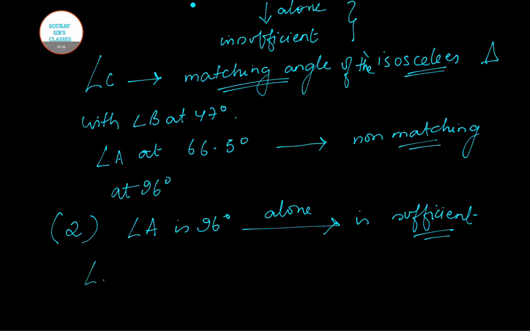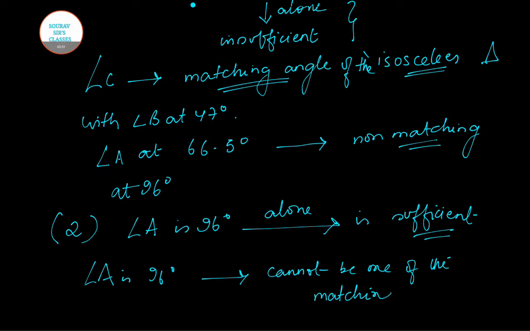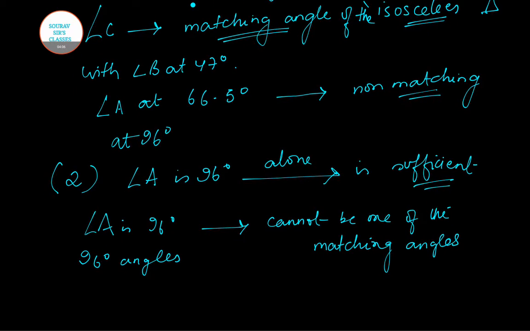Because if angle A is 96 degrees, then it cannot be one of the matching angles of the isosceles triangle, because two 96 degree angles cannot fit in a triangle. Therefore angle C must be one of the two 47 degree angles.